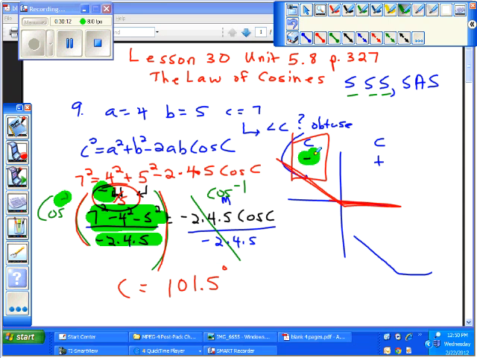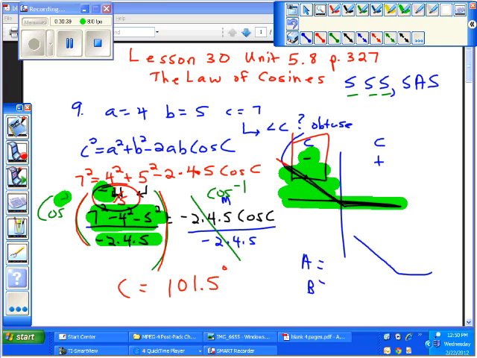If an angle has a cosine of negative something, and it's between 0 and 180, it means it's going to be in quadrant 2, so it's an obtuse angle, 101.5 degrees. Okay? Now, we know the other two have no possibility of being obtuse, so now we can just find the others with law of sines. Okay? And so we have found angle C.